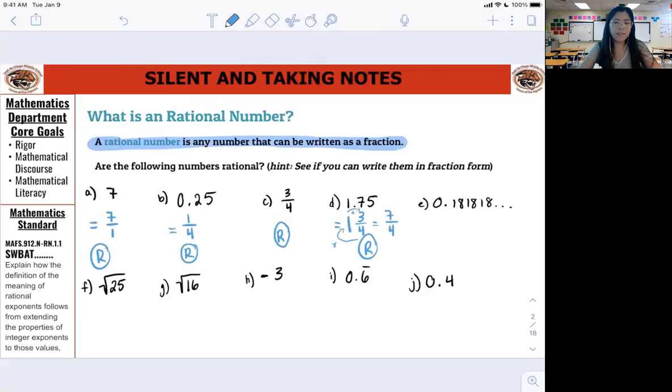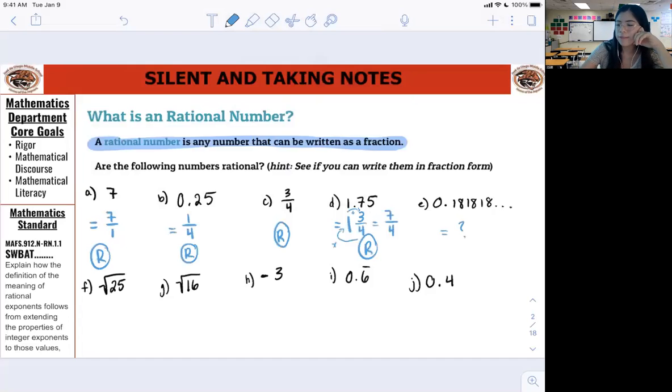0.18181818 repeated. Not rational? Is it possible to write this one as a fraction? No. Try different things in your calculator.